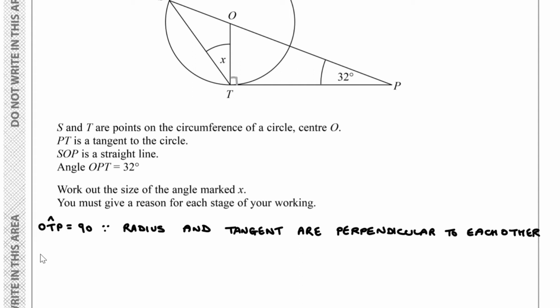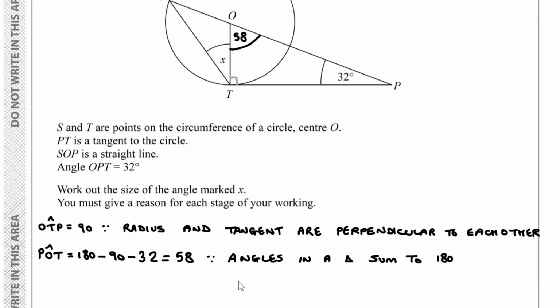So the angle POT is equal to 180, take away the 90, take away the 32, which is equal to 58. So this angle here is 58 degrees, and the reason is angles in a triangle sum to 180.